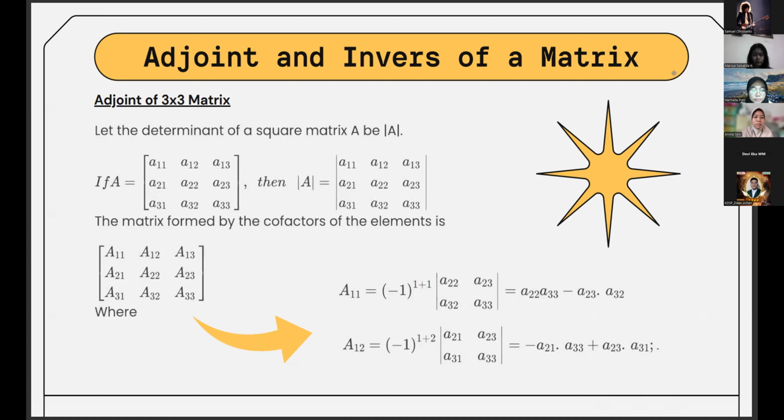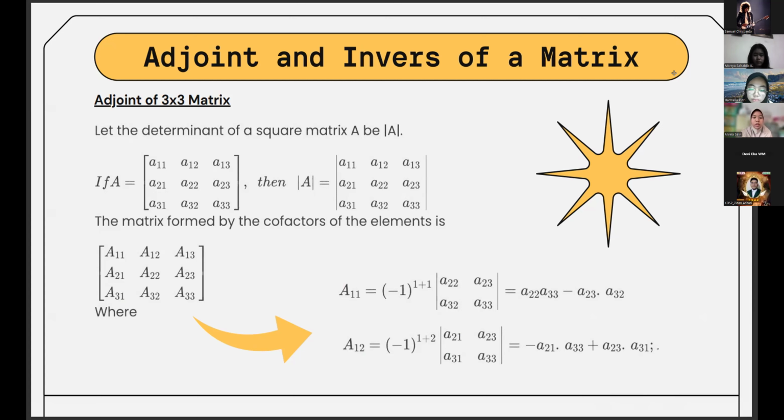The matrix formed by the cofactors of the elements is A11, A12, A13, and so on until A33, where A11 is -1 to the power of 1 plus 1 multiplied by the determinant of A22, A23, A32, A33, which equals A22 A33 minus A23 A32.